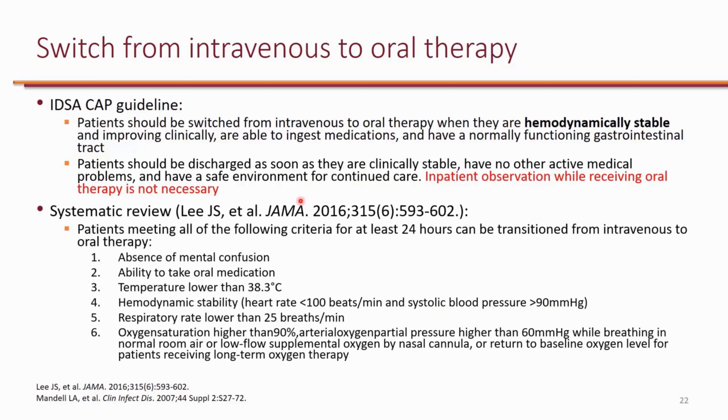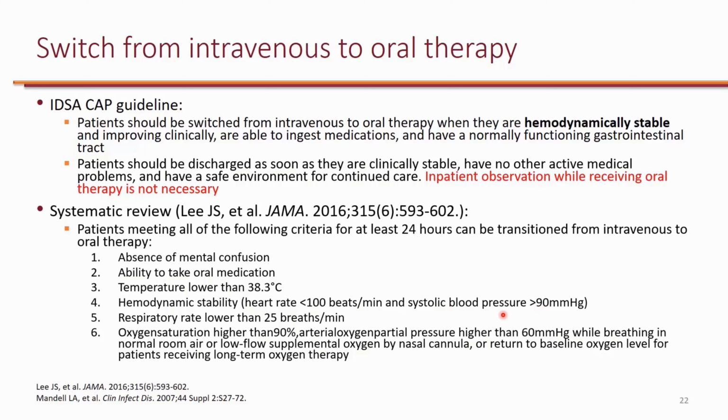Now, there was a systematic review published in JAMA in 2016 that looked at the evidence for criteria helping transition patients from IV to PO. Basically, absence of mental confusion, ability to take oral medications, absence of fever, hemodynamic stability, which is defined as heart rate less than 100, and of course, systolic blood pressure greater than 90.